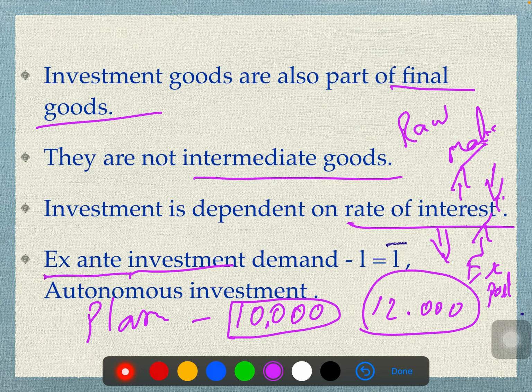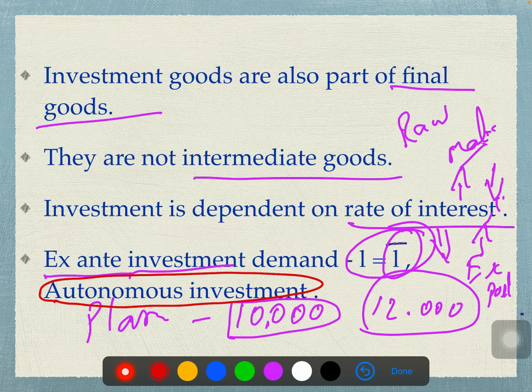So this can be represented by an equation, that is I is equal to I bar. Why are we thinking only of I bar? Because it is autonomous investment. In this particular investment function, we consider only autonomous investment. We are not talking about induced investment. I hope you remember from the last topic, the consumption function, I discussed autonomous consumption and induced consumption.